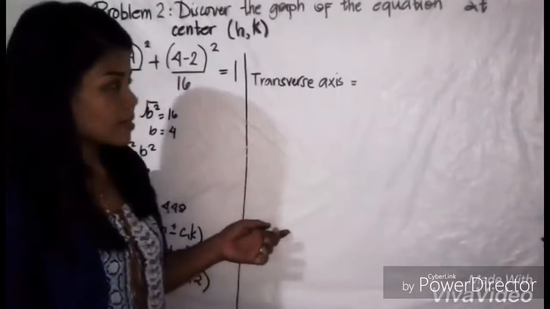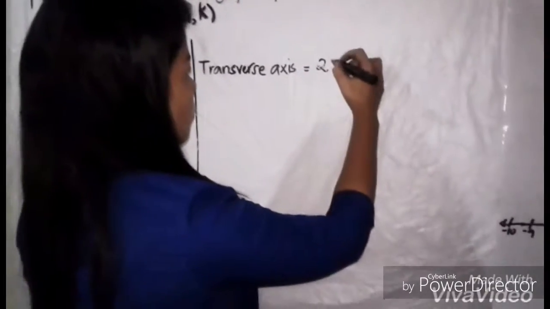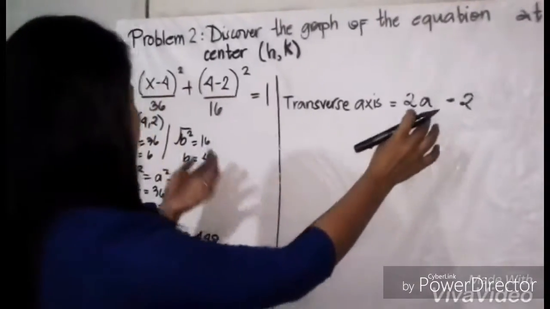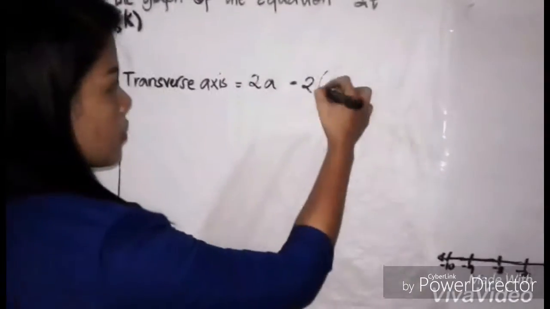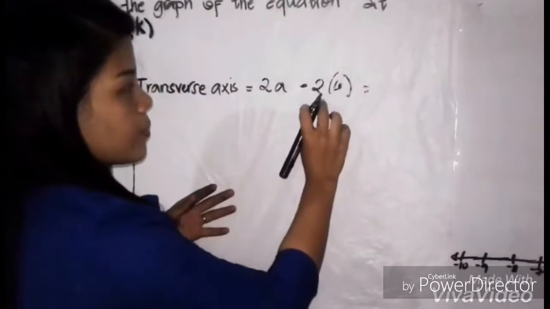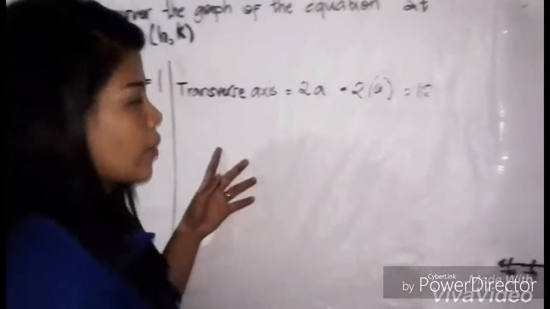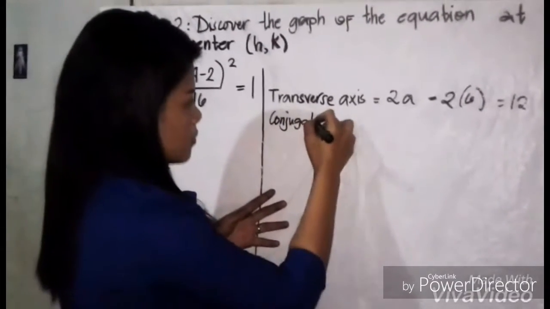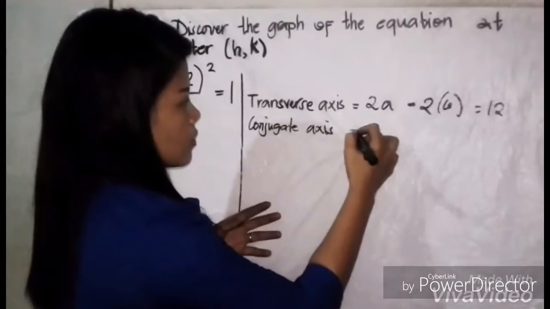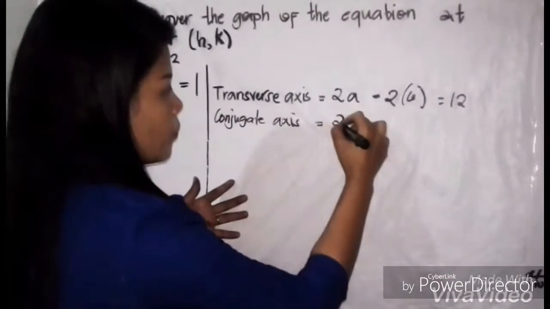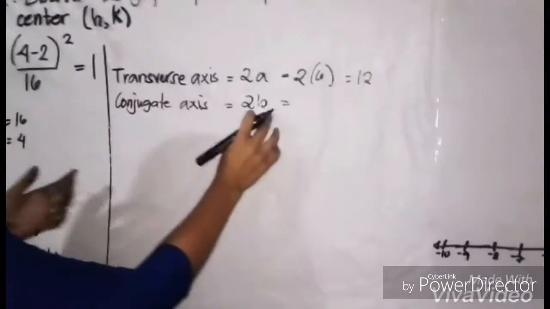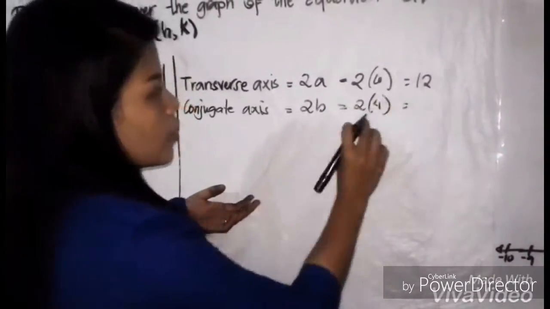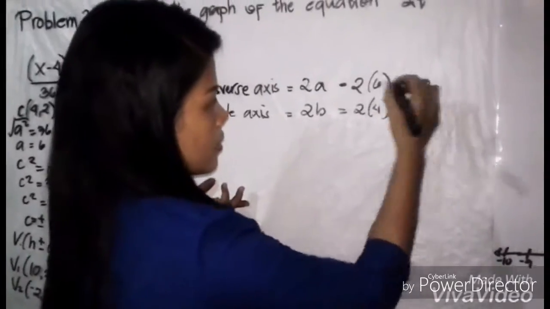Find our transverse axis, which is 2a. Our a is 6, so 2 times 6 equals 12. Our conjugate axis is 2b, and our b is 4, so 2 times 4 equals 8.